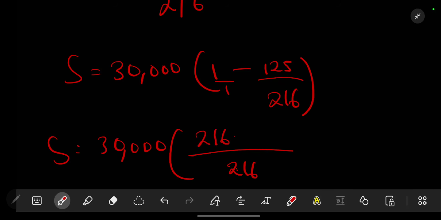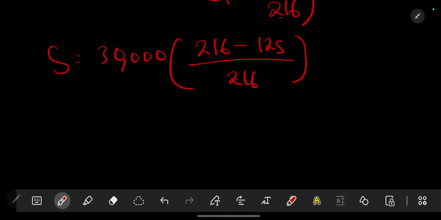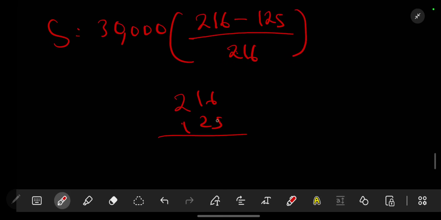It will be 216 minus 125. So 6 minus 5 is 1, then 11 minus 2 is 9, so we basically have 91 there.